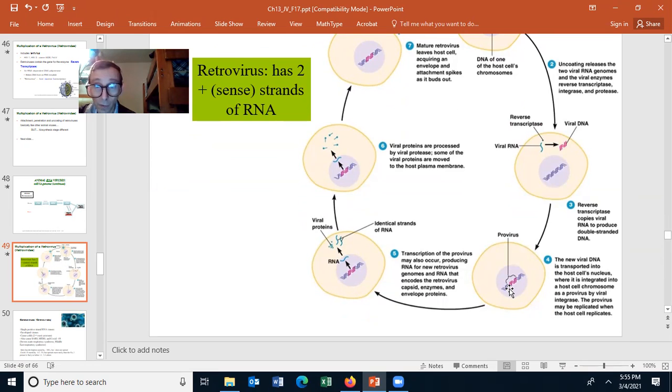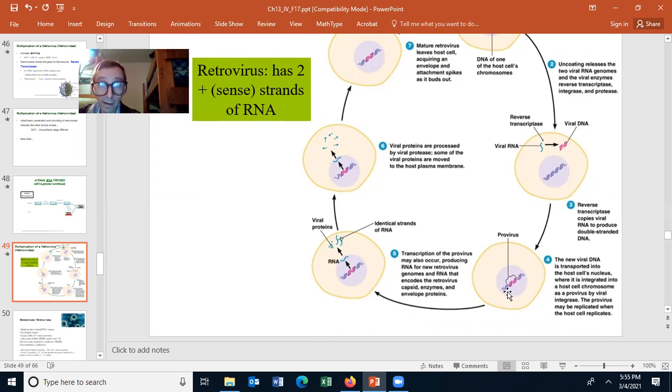At this point, with the chromosome having a piece of viral DNA in it, remember we have the term provirus. I never mentioned that earlier with retroviruses, but that is the term that is used for a retrovirus also, when the viral DNA is inside of our DNA.